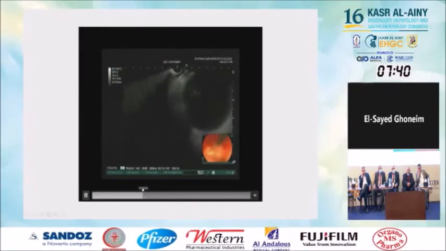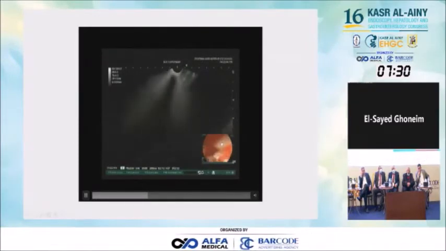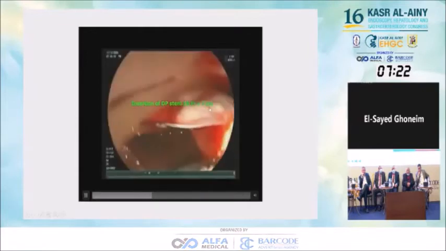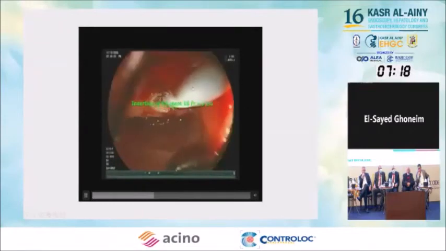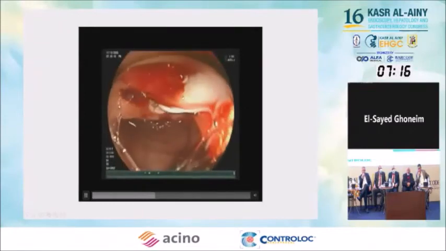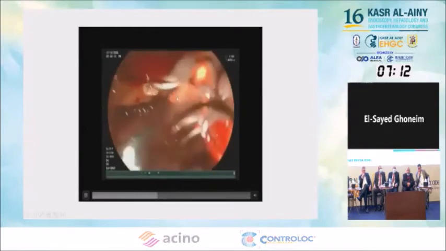After that, we insert the stent over the guide wire. The shortest stent we have is 7 millimeters, so we use it. Start gradually to push the stent.